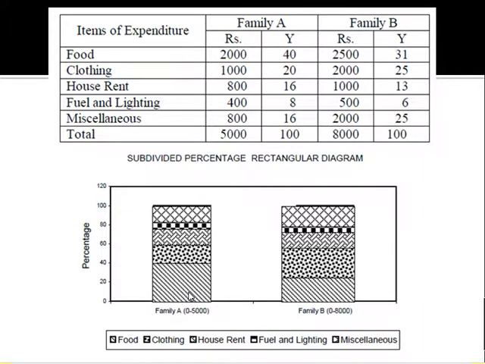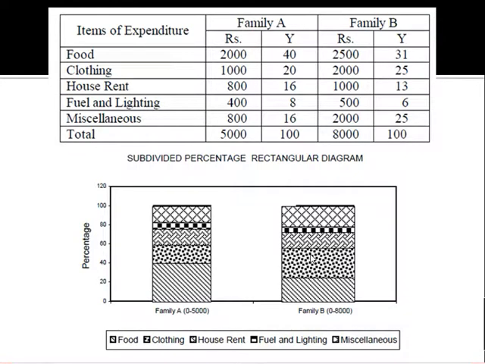Take the case of family A. 40% is spent for food, 20% for clothing, 16% for house rent, 8% for fuel and lighting, and 16% as miscellaneous expenses. For family B, 31% for food, 13% here for house rent, 6% for fuel and light. Okay, so this is the bar diagram.